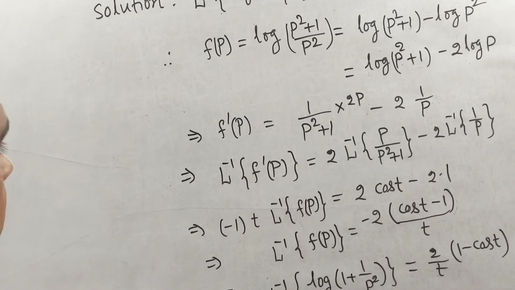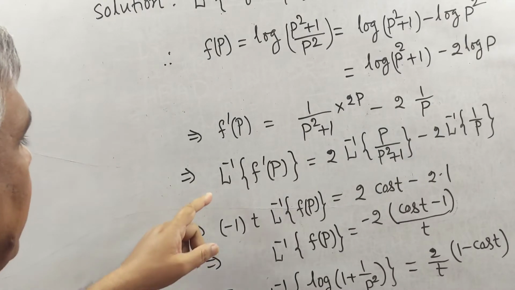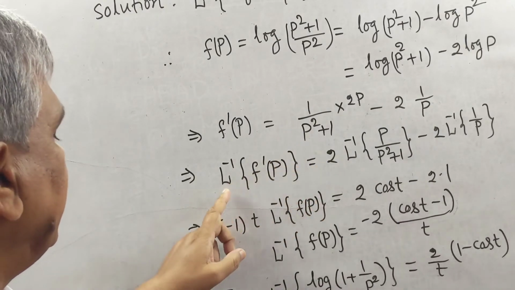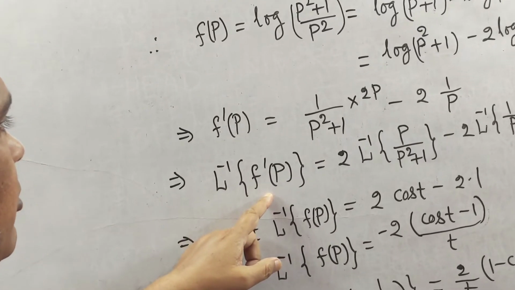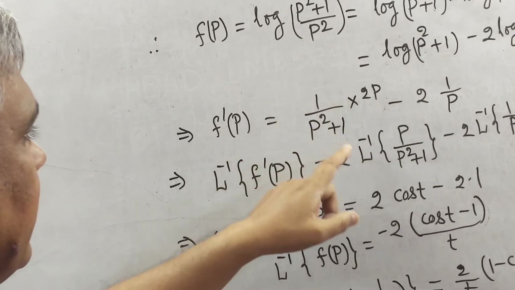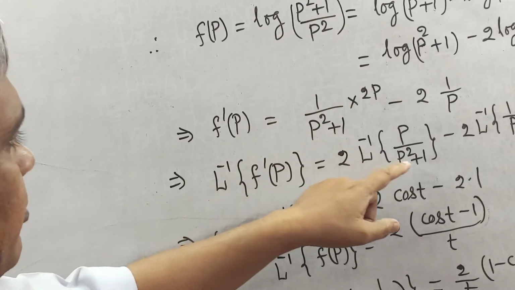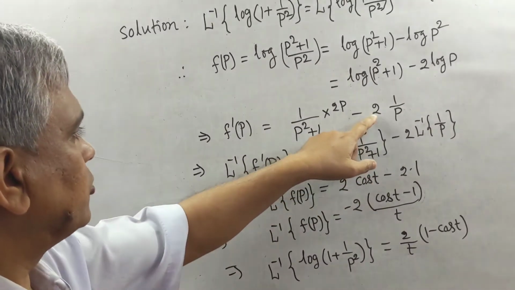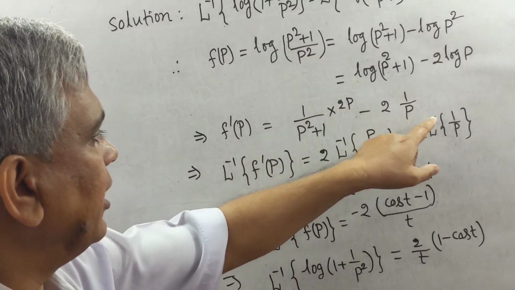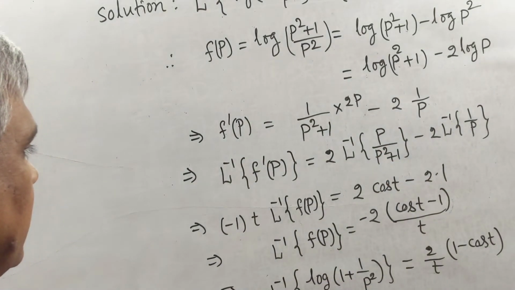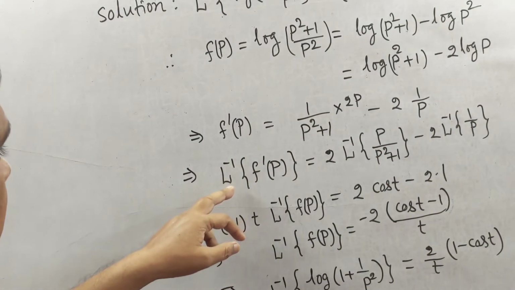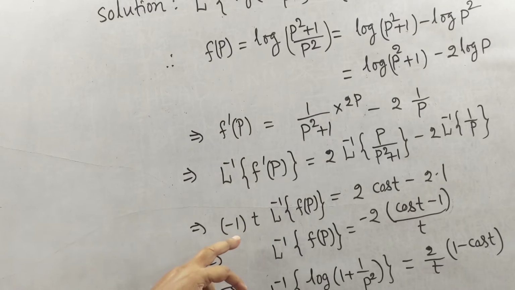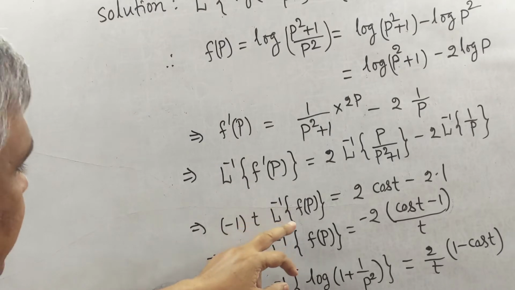So now taking L inverse on both sides, L inverse F dash p equals 2 outside L inverse p/(p square + 1) minus 2 outside L inverse 1/p. Here L inverse F dash p is minus 1 t capital F(t).